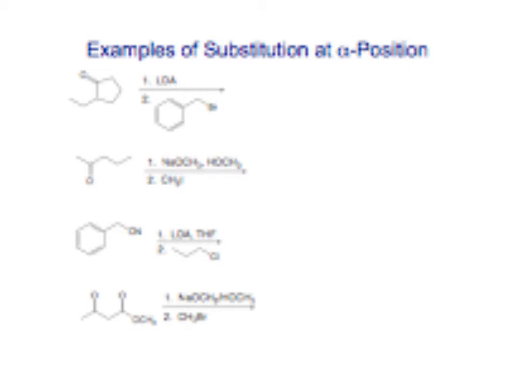All right, so on the first one, we're using LDA. Is that going to form the enolate at the less substituted or the more substituted side? Less substituted side. This is how we make the kinetic enolate.